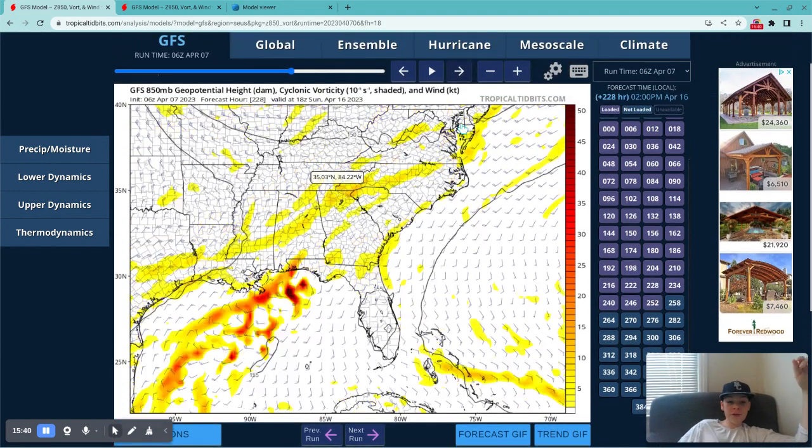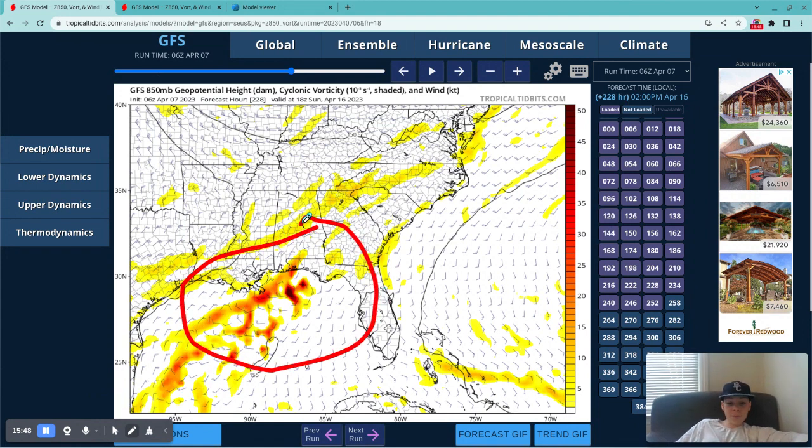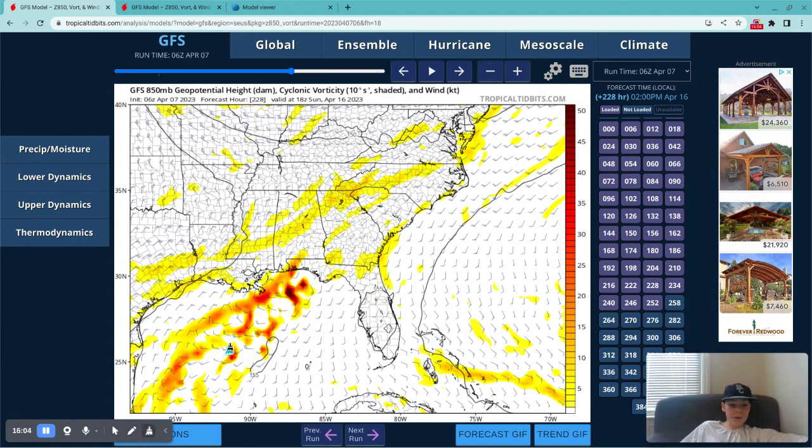So it'll definitely be most organized right in the Gulf of Mexico. Right in here is where there's the potential for it to be strong enough to be named. That's where it's going to be at the time if it were to get named. But then once it moves into the northeast, it's not going to have any organization with it.